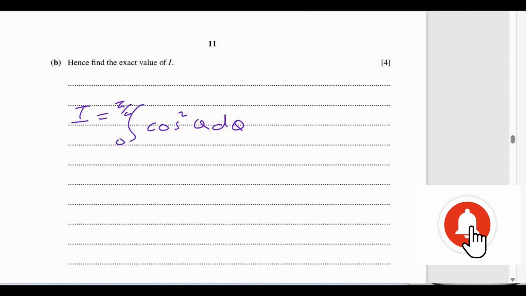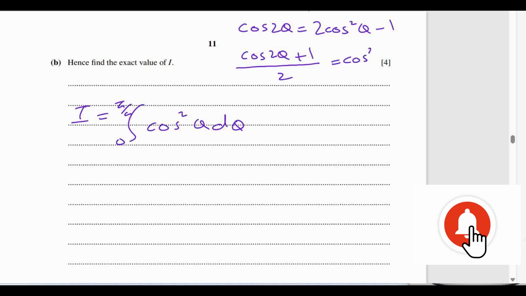For this portion, we know that we can use the identities. The one is cos 2 theta is equal to 2 cos square theta minus 1. And then if we rearrange it, this will be cos 2 theta plus 1 whole divided by 2 is equal to cos square theta.